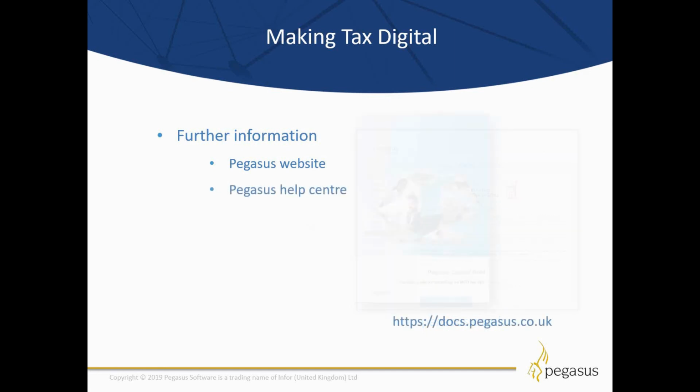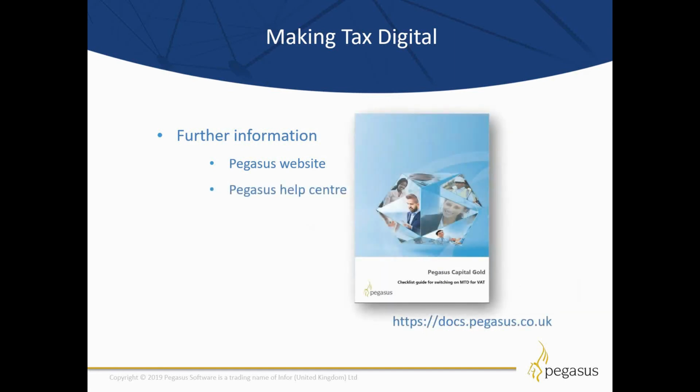On the Pegasus Help Center, there are a number of documents designed to help you. We have created an MTD VAT checklist guide. This guide will take you through the whole process of setting up your system to operate under MTD for VAT, including the prerequisites, and then the options to activate your account for MTD on the HMRC website, authorization to allow Capital Gold Accounts to communicate with that account, next the sequence you will need to go through to set up Capital Gold Accounts to be MTD enabled, and finally submitting that VAT return through to HMRC.